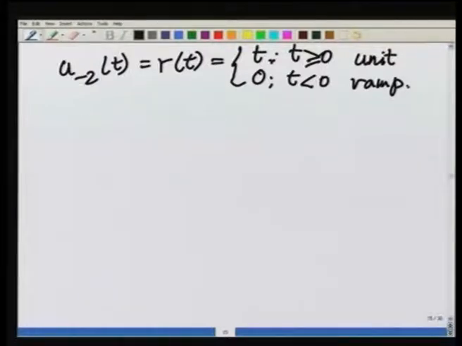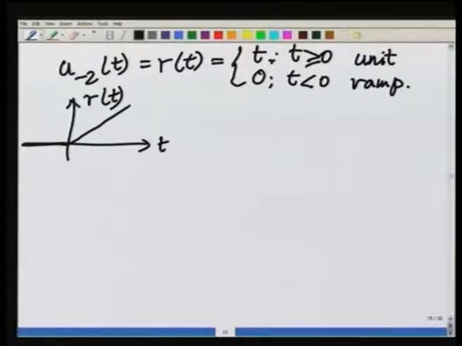The unit ramp is drawn like this. Zero until t is 0 for all negative time, and increasing straight up like this for all positive time. The unit ramp is not bounded, though the unit step was clearly bounded.